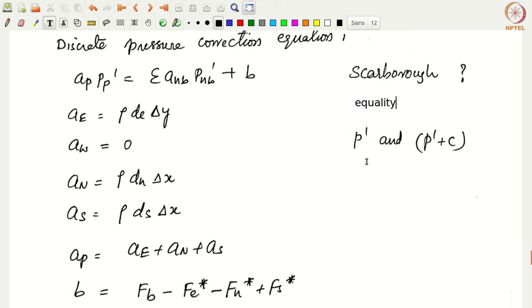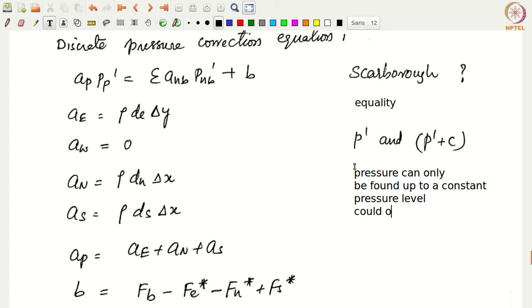As a result, the pressure can only be found up to a constant. We cannot determine the pressure level, but the pressure gradient can be found.